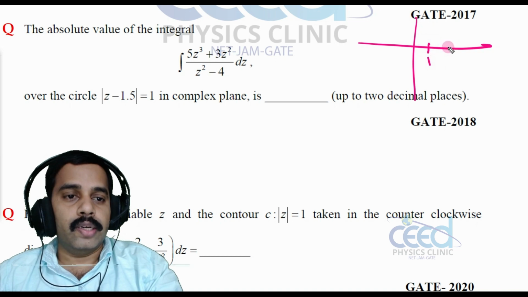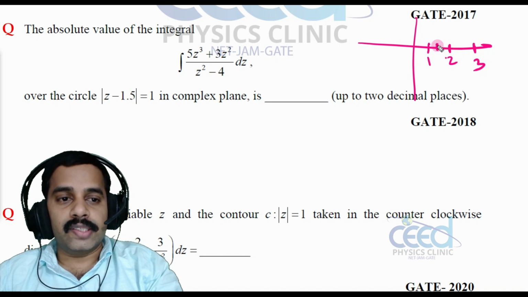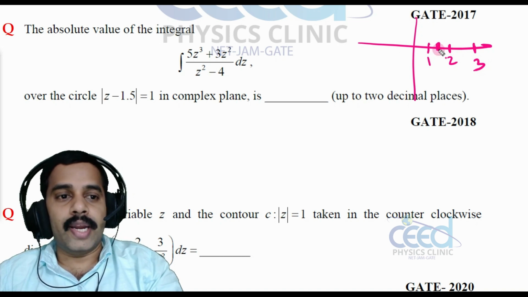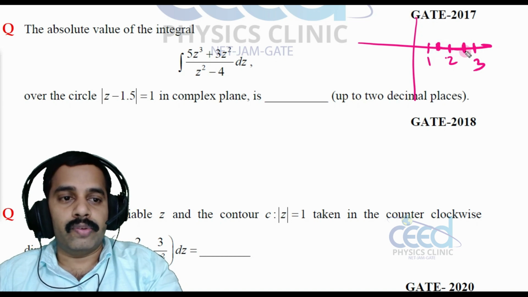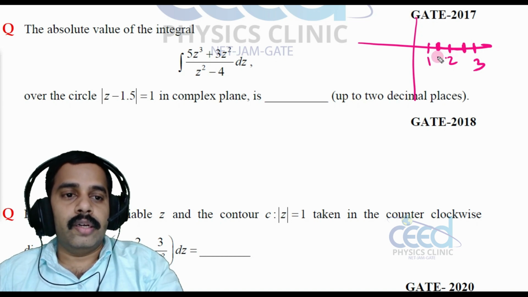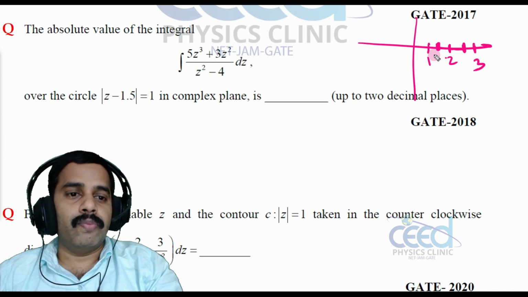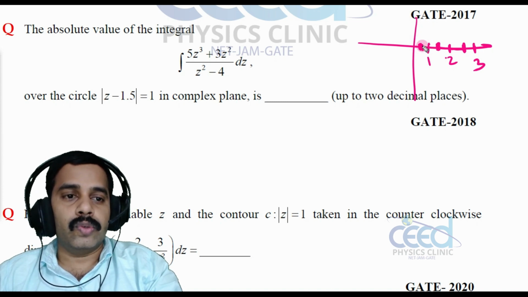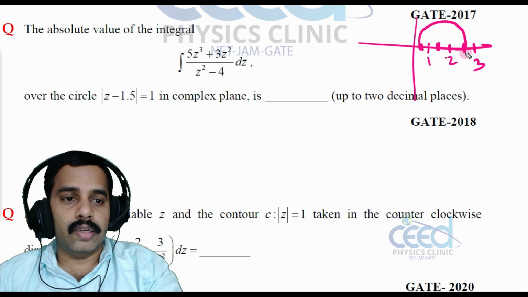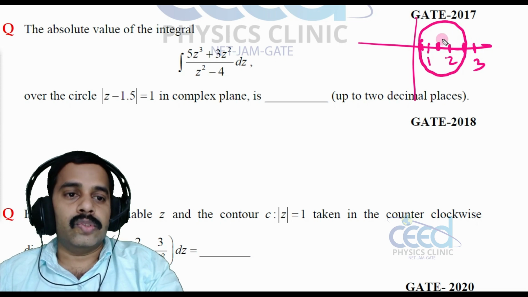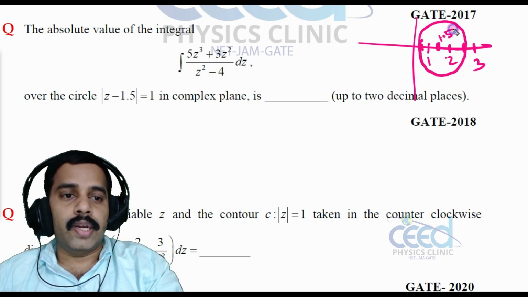So here 1, here 2, here 3. So 1.5 is here. The center is at 1.5 and the radius is 1. So from 1.5 to 2.5, and radius 1 also means from 1.5 to 0.5. So this is the circle, right? Center is 1.5 and radius 1.